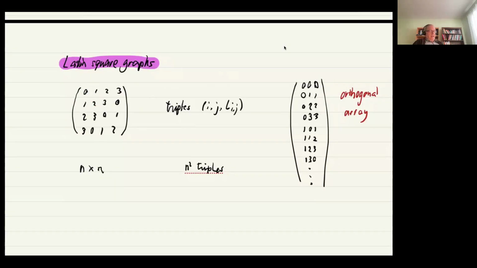So the thing about the Latin squares is there are an awful lot of them, and the number grows very quickly. Up to the equivalence we're talking about, for 4x4 Latin squares, there are just 2. There are essentially 2: the multiplication table for the integers mod 4 and the multiplication table for Z2 times Z2.